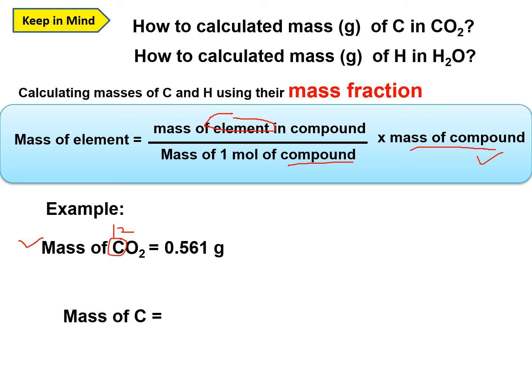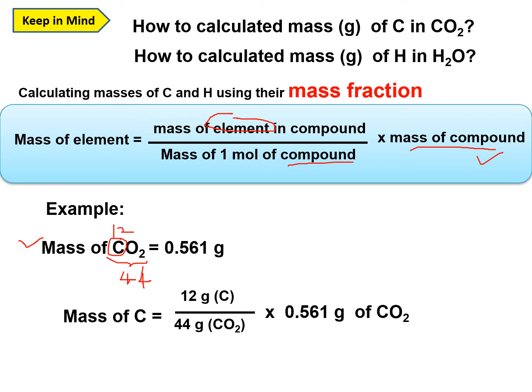Then mass of compound. Compound refers to CO2. CO2, the mass is 44. So meaning that 12 gram for carbon divided by 44 gram of CO2, times the mass of the compound 0.561 gram. So we'll get the mass of carbon 0.153 gram.